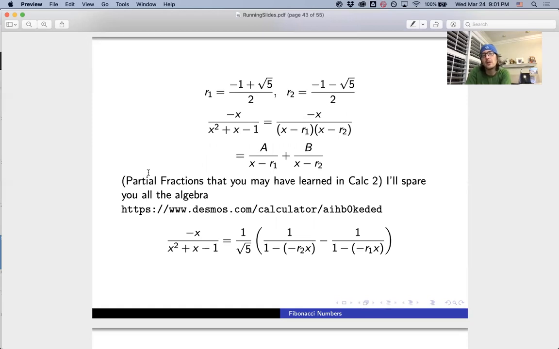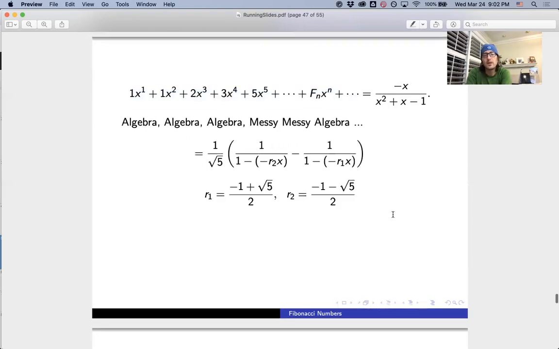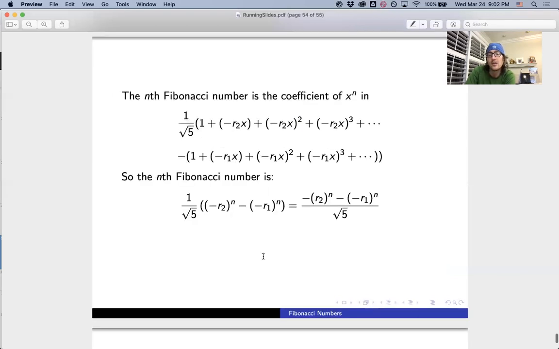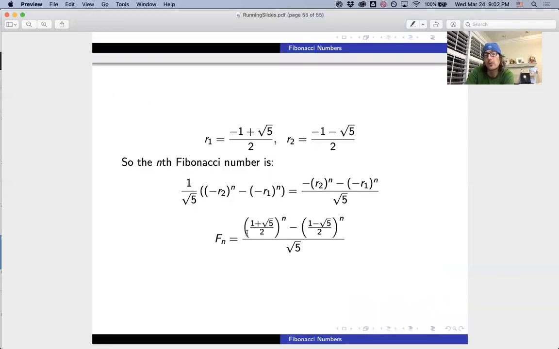Although the calculations were not so bad, they do involve irrational numbers, they do involve square roots of 5. We were able to break this up and use this main formula that we proved by cross multiplying and checking things. And putting that all together, we got this remarkable formula for Fibonacci numbers.